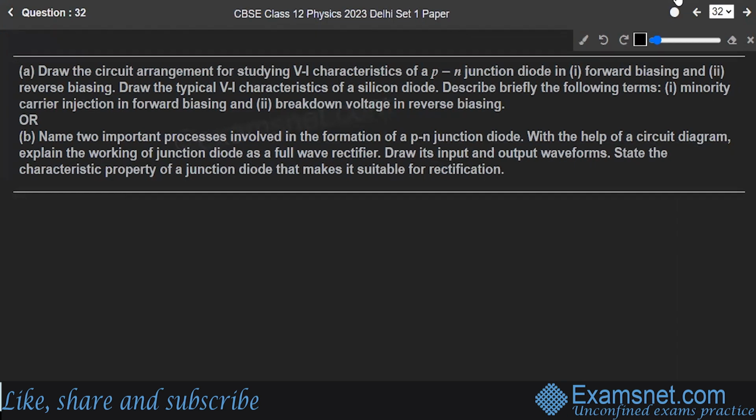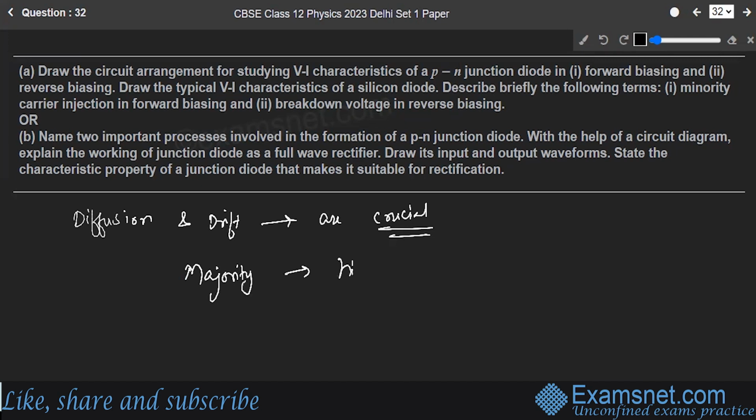So in the PN junction, the processes of diffusion and drift are crucial. Majority carriers diffuse from a region of high to low concentration when the P and N sides touch.